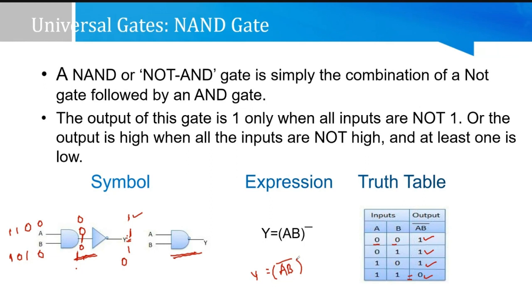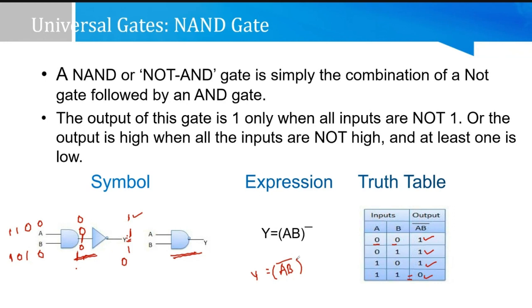When you compare the NAND gate and the NOR gate, we will always prefer the NAND gate, not the NOR gate. Why? I'll tell you in the next sections. The simple point is that with the help of the NAND gate, you can implement any gate. That is the application. Suppose you need the operation of the AND gate but you don't have the AND gate.